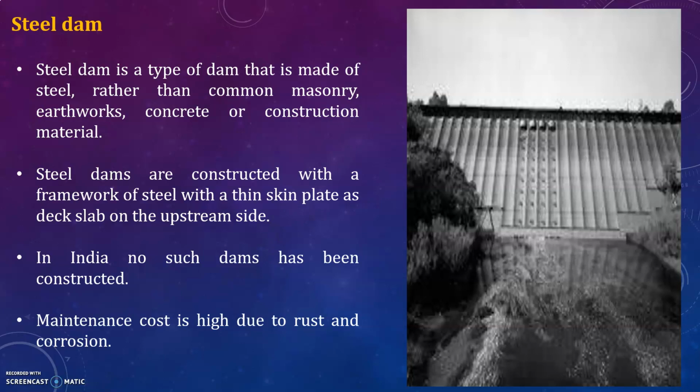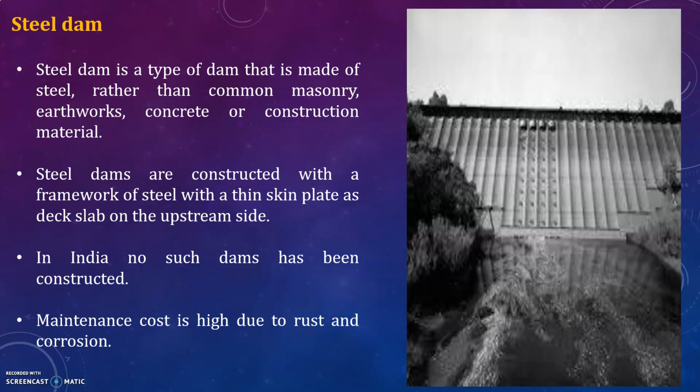Let us discuss some of the advantages of steel dams. With the modern methods of steel fabrication, greater speed can be achieved in construction, and they have been found to be cheaper than other rigid dams. Next advantage is stresses in steel dams are more determinate. Hence, sections can be designed economically and with confidence.